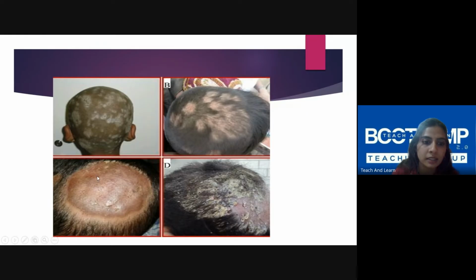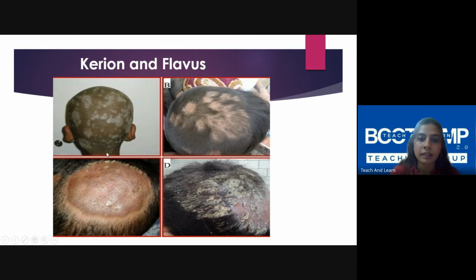It's not very clear, but it is present. So this is what we call kerion. This is also a fungal infection, but an inflamed version of it, because of another strain of fungus. Treatment would be the same as Tinea capitis, but if you are suspecting an additional bacterial infection, then you have to treat the bacterial infection as well.